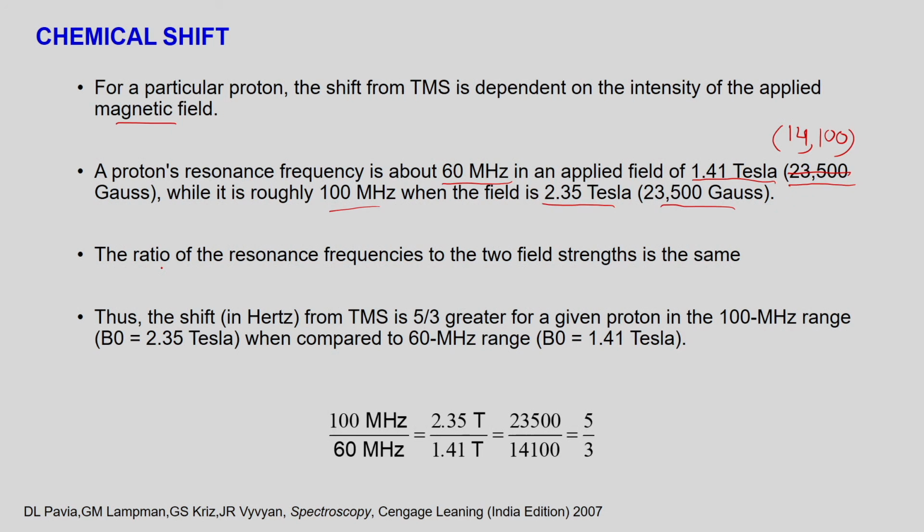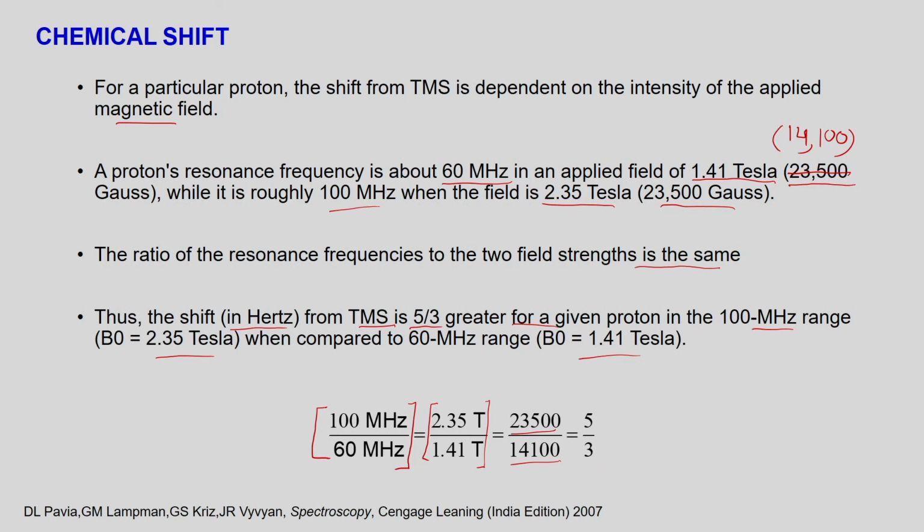Now, can we take a ratio? The ratio of the resonance frequency to the true field obviously will be the same. So, it means the shift in hertz from TMS is 5/3 greater for a given proton in the 100 megahertz range when compared to the 60 megahertz range. If I divide the magnetic field 100 by 60, this is proportional to the values in Tesla, 2.35 to 1.41, which is equal to 23,500 and 14,100 Gauss, and these are related as 5:3.